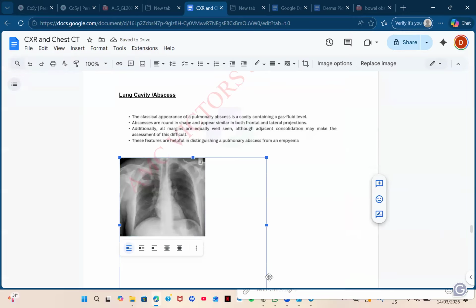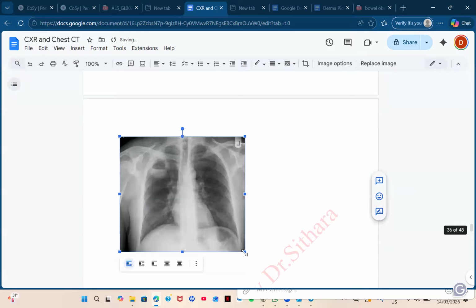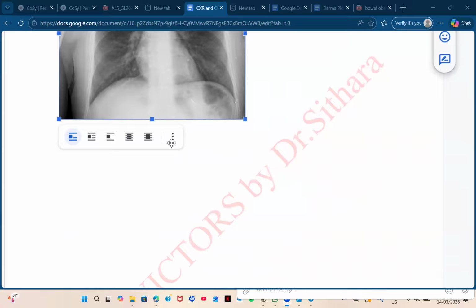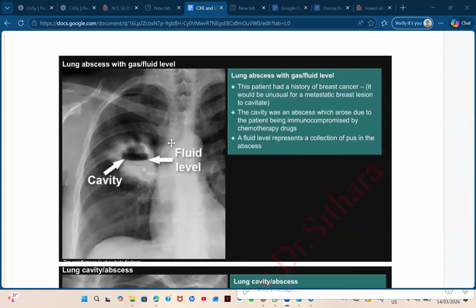Here you can see the ring-shaped appearance with air and what? Yes, air and fluid level, right? Here you can clearly see, right? Okay, then what else can we see?